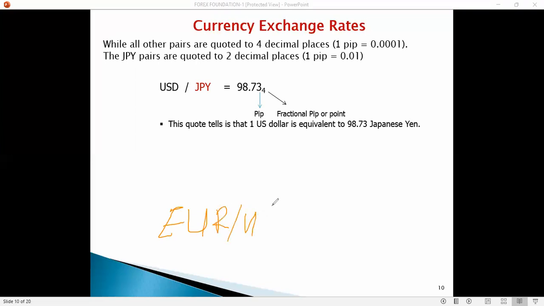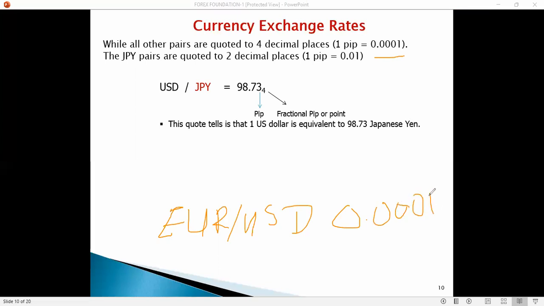Okay, so the pip is known as the 4th decimal place, which is what we are seeing right here, which means the movement between 0.0001. All right, it's as simple as this.